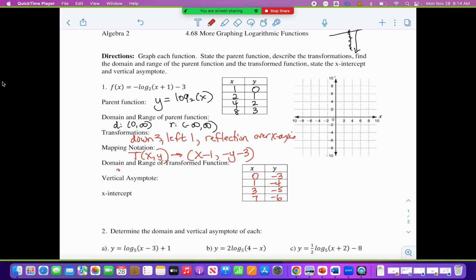My domain, I moved it left 1. So that's now negative 1 to infinity. Whoops, I forgot the vertical asymptote up here was x equals 0 for the parent function. So now it's x equals negative 1.